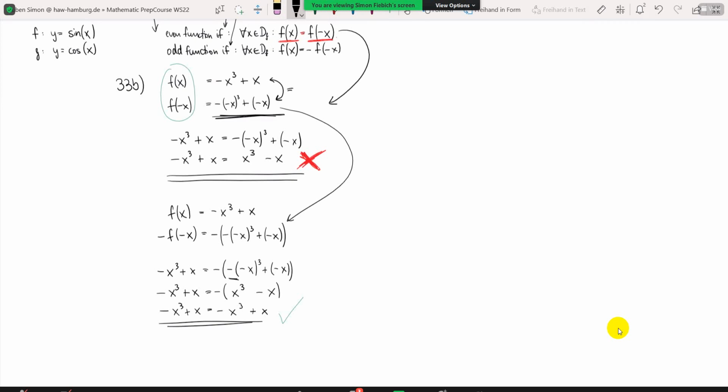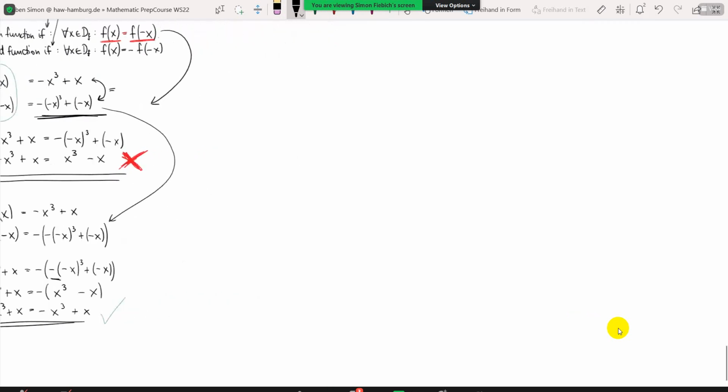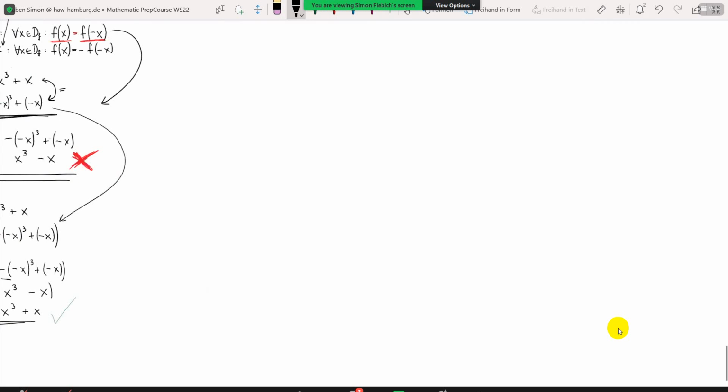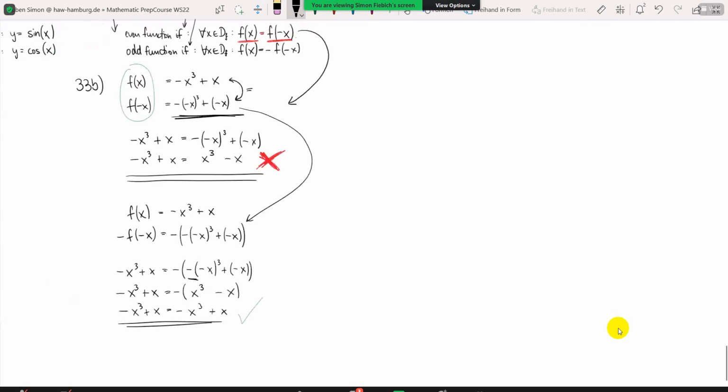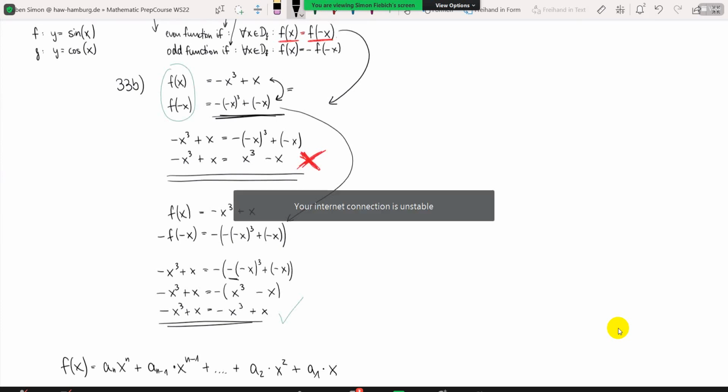Okay, so what we can clearly say for polynomial functions, so for every function which has the shape f of x equals a_n times x to the power of n plus a_(n-1) times x to the power of n minus 1, and so on, plus a2 times x squared plus a1 times x plus a0.